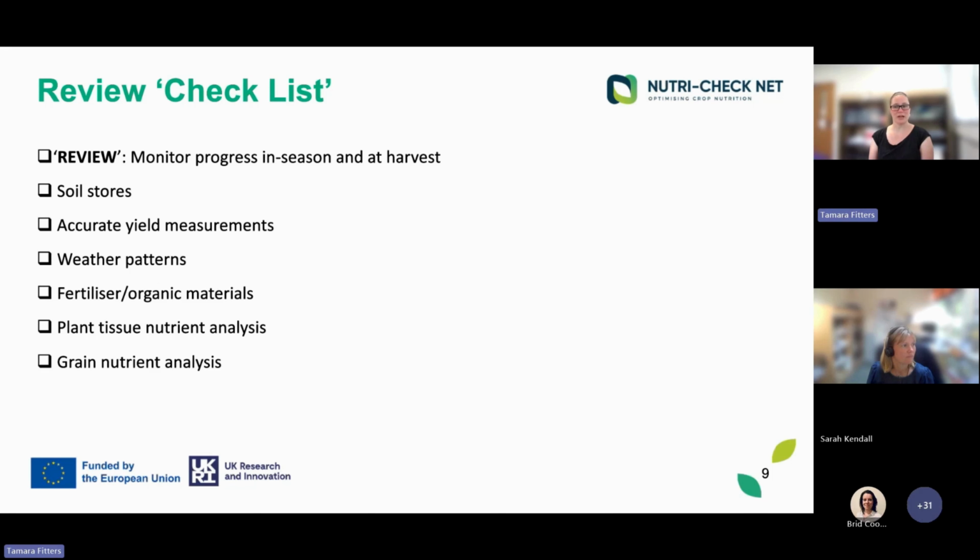The other thing we need to look at is what we are going to add. So we need to know about our fertilizers and organic materials. We want to know what sort of yield we normally get, because it gives quite a good idea about what a certain field is capable of. So we look at past results as well. We look at weather patterns.